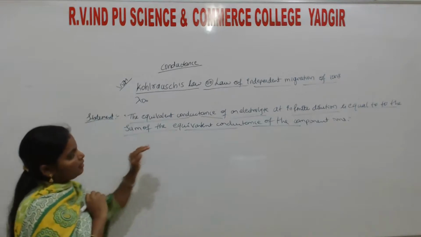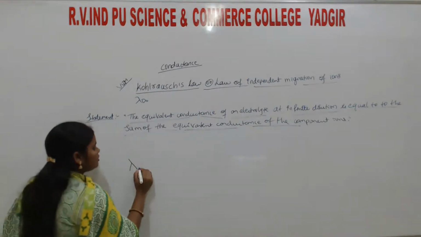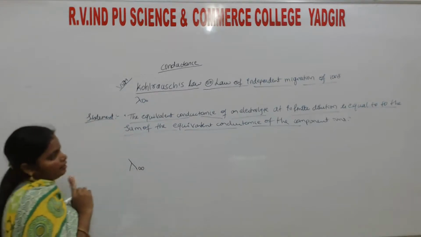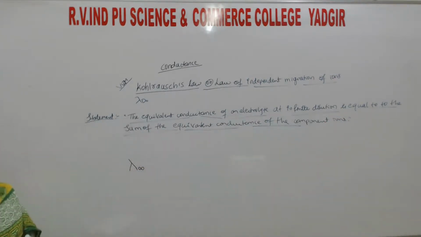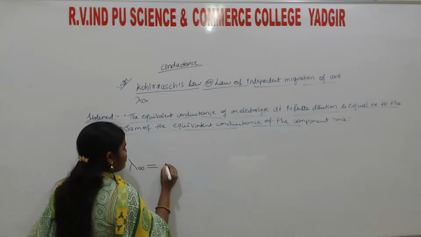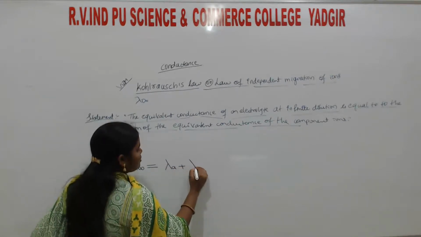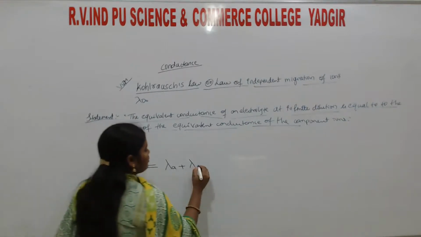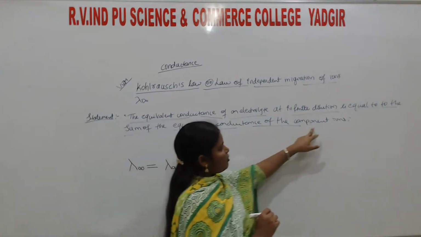Of an electrolyte at infinite dilution, this is equal to the sum of the equivalent conductance of the component ions.